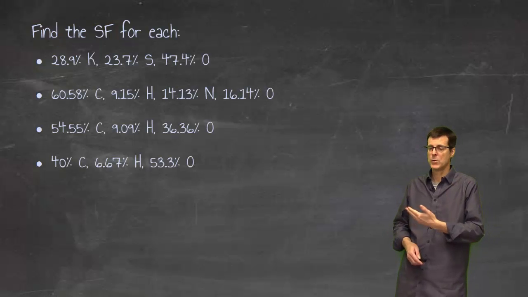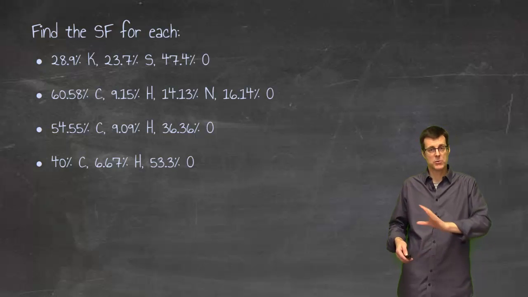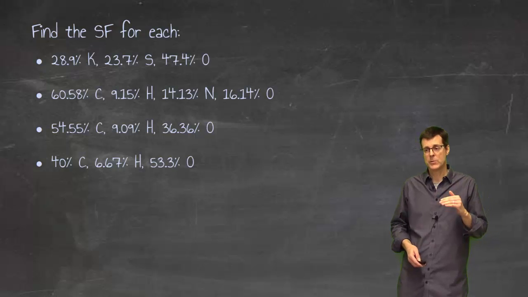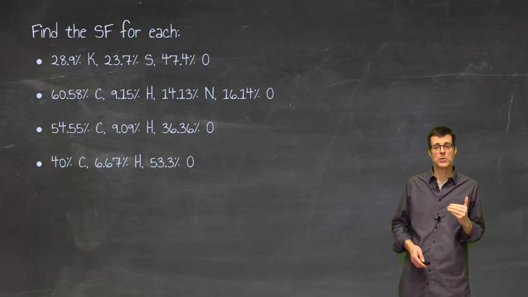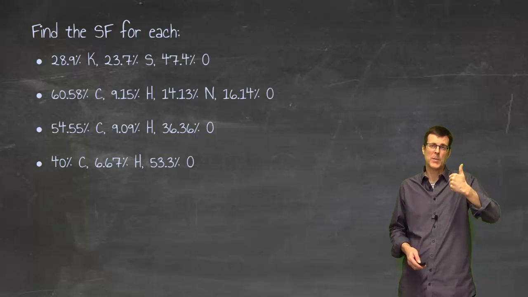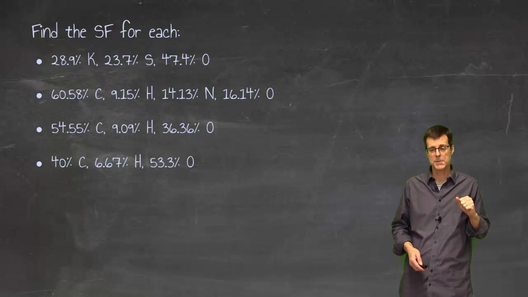Now, I'm going to leave you with a few questions, and I'm also going to show you what the answers are so you know if you're getting it right. If you're not getting some of them right, go back and make sure you're going through all the steps. There are 2 places that you can go wrong. Number 1, forgetting steps. Often it's step 2, where people start dividing by the smallest far too early.